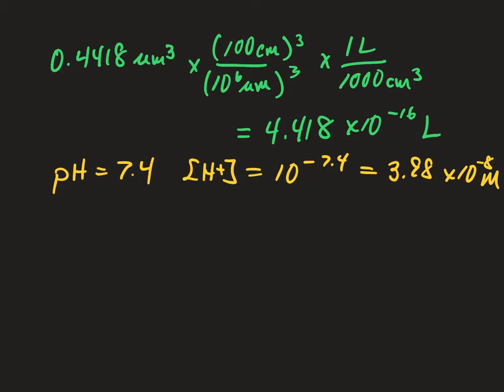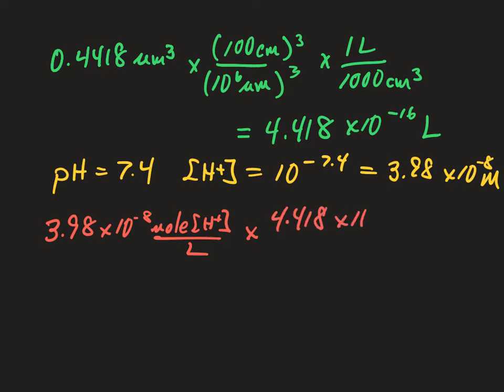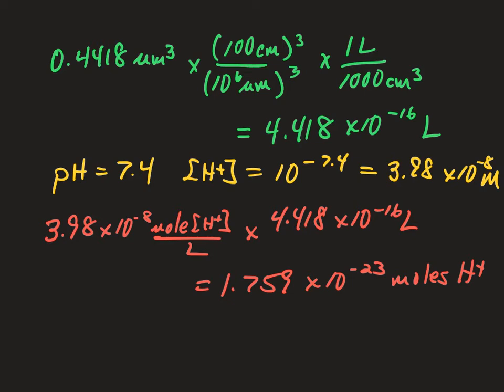So if we take that 3.98 times 10 to the minus 8th moles of hydrogen ions per liter, times the 4.418 times 10 to the minus 16th liters, you get approximately 1.759 times 10 to the minus 23rd moles of hydrogen ions in a mitochondrion.